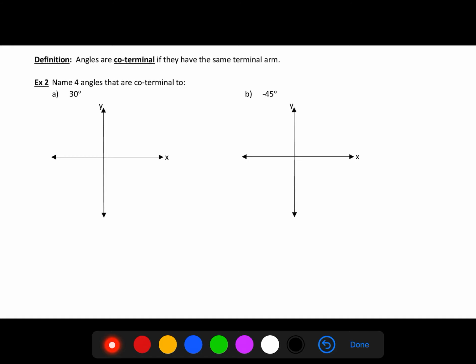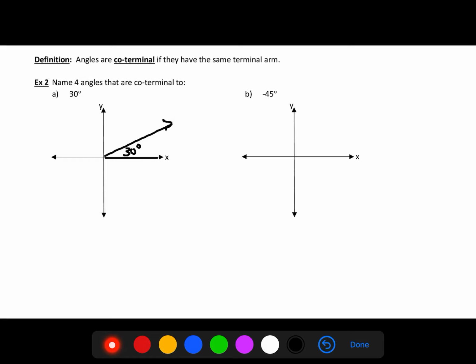Now, we can talk about coterminal angles, and those are where our terminal arm is at the same position. So if we have a 30-degree angle, like we're told we have here in example number 2, that means that we have our terminal arm creating a 30-degree angle in here.